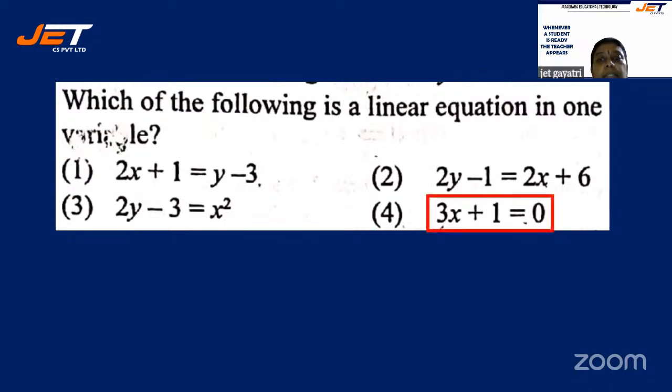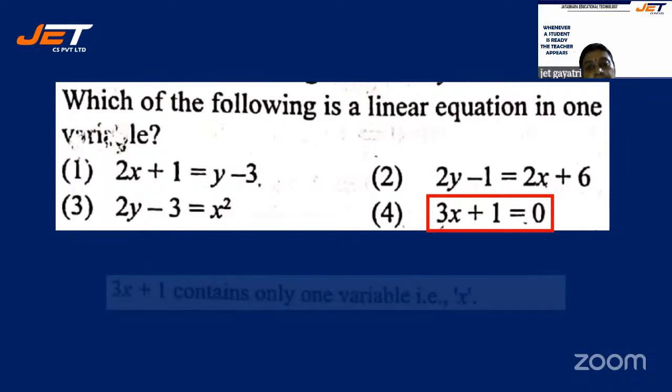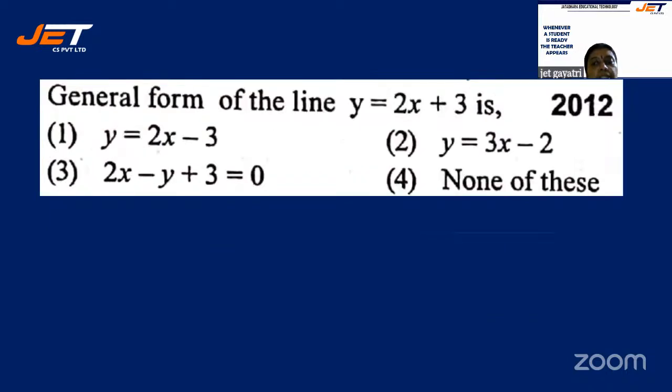So here, one variable means you have only x or only y. So that's supposed to be one variable. If we have two variables, then it should be x plus y. All other options have two variables, only option 4 has one variable. See the next question.